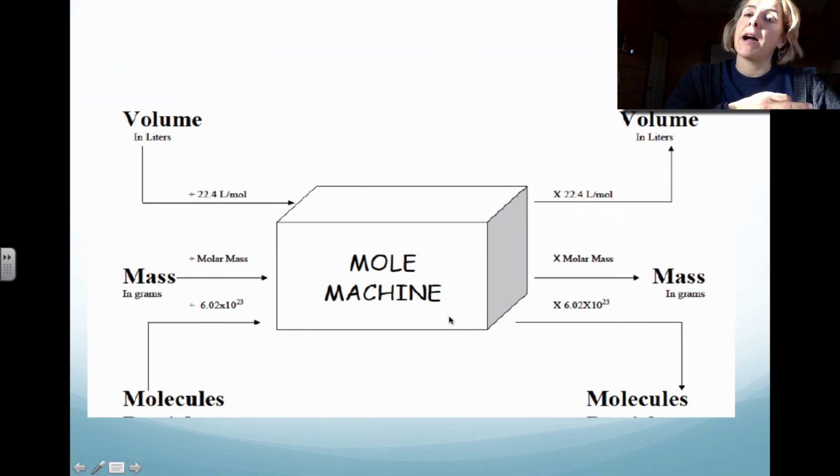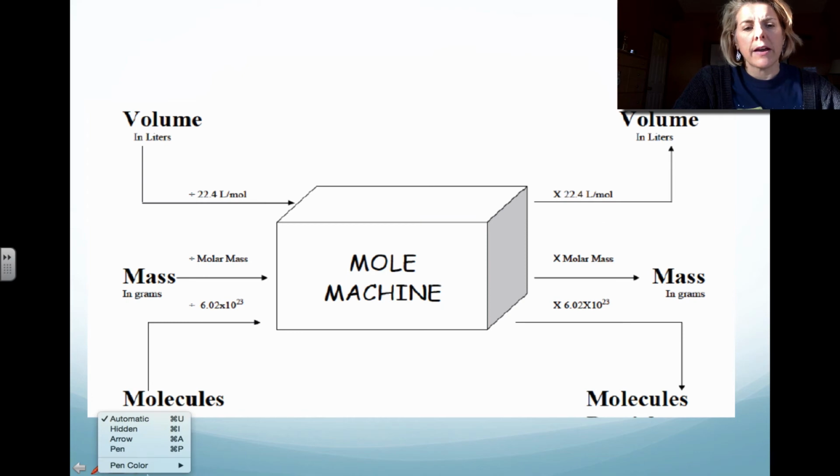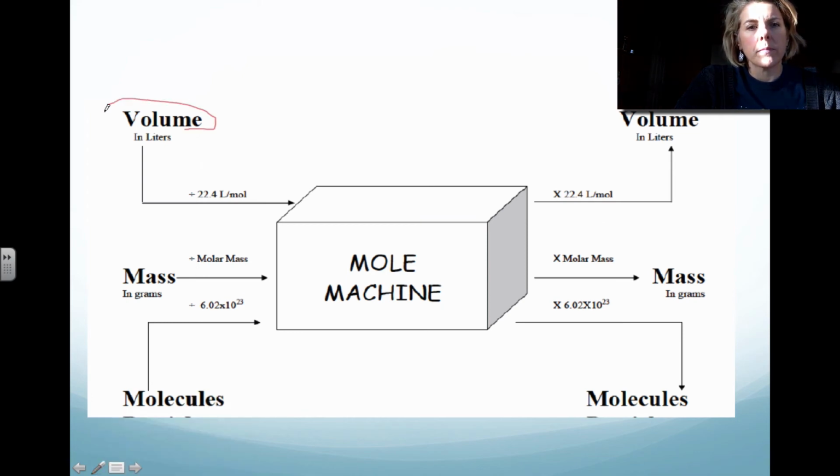Now, I will give you copies of this. This is what I call my mole machine. It's really, really helpful for a lot of students to understand what's going on here. Now notice on the left-hand side of this mole machine, we could be talking about volume. And anytime you're talking about volume, talking about a gas, we're going to use this constant here, which is 22.4 liters per mole.